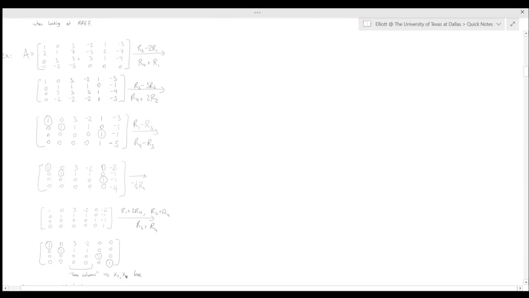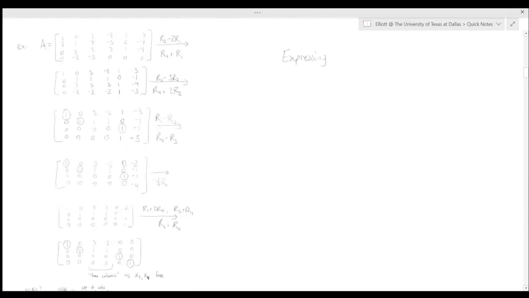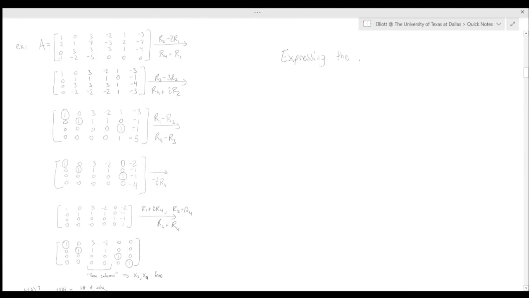So finally, looking at the matrix A originally, and looking at its reduced echelon form, it gives us some information about the free columns of the matrix A. In particular, it reveals to us that the free columns are actually linear combinations of the pivot columns of A. And here I'm just going to have to quickly show you how it works.